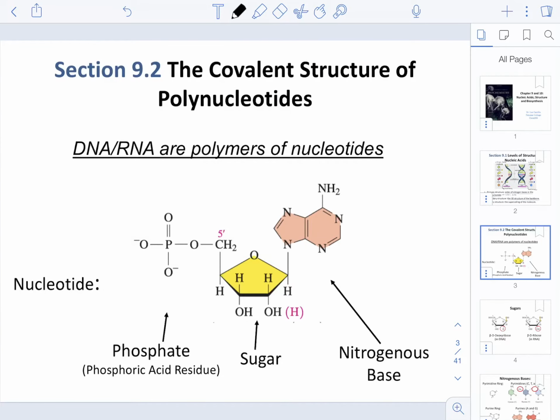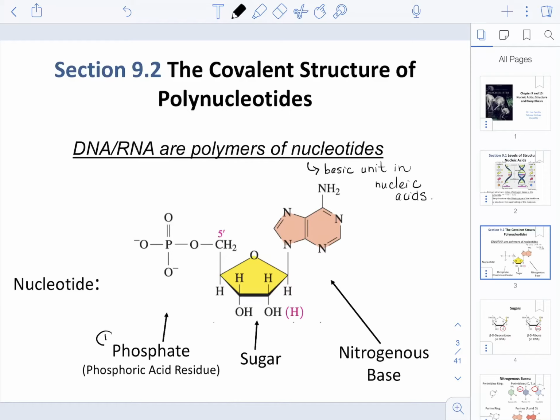These nucleic acids, or in other words, polynucleotides, are formed by nucleotides. Nucleotides can be defined as the basic unit in nucleic acids. Nucleotides are composed of three components.